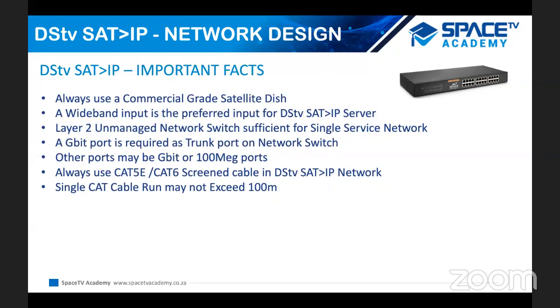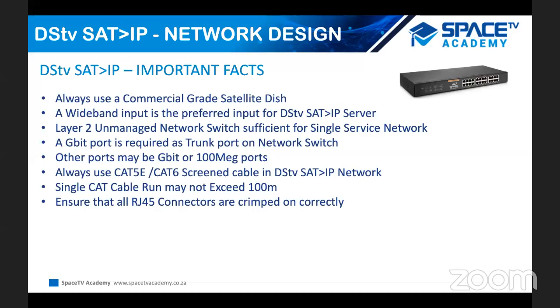In other words, from your server to the switch, and from your switch to another switch if required, or from your switch to the endpoint, the cable run may not exceed 100 meters. This is to do with timing and how data networks work. When we do another training course on data networks, we'll go into detail of all of that. But for now, just remember that your single run cannot exceed 100 meters.